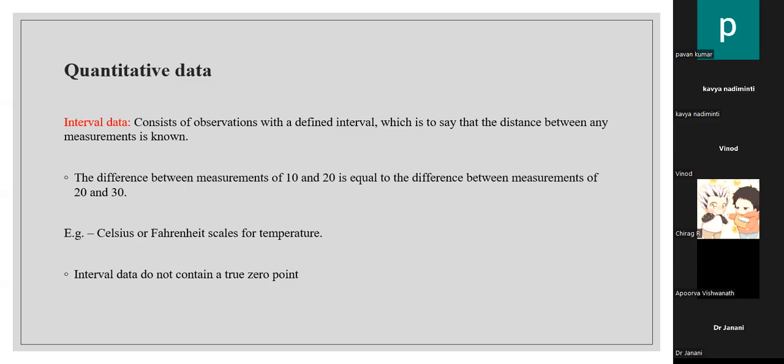Qualitative data is about, for example, the color of the skin, things which are qualities but not quantities. You can't say the patient is half red. So it is a quality, and hence qualitative data cannot be analyzed unless you have a way of converting it into quantitative data.